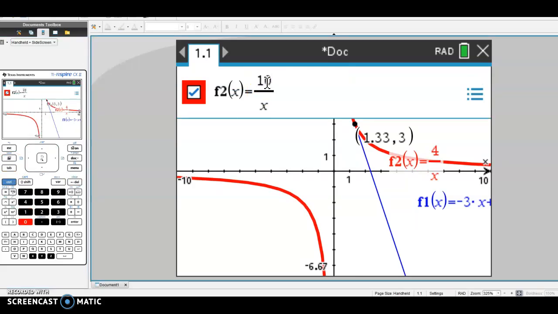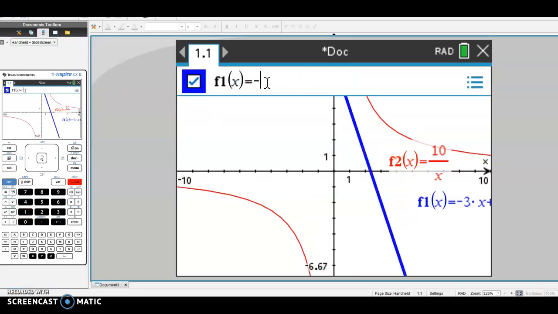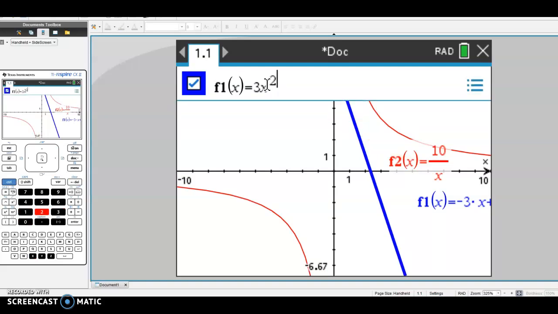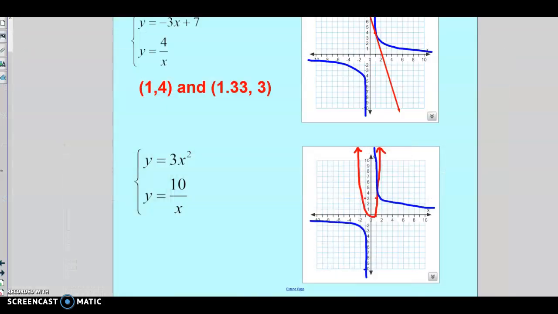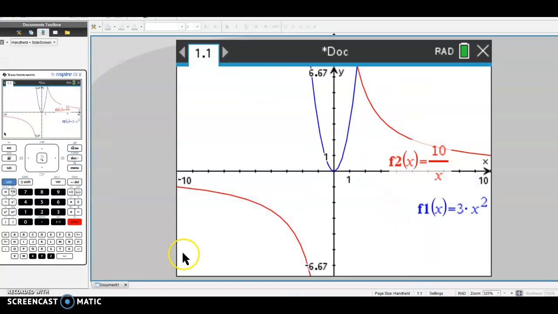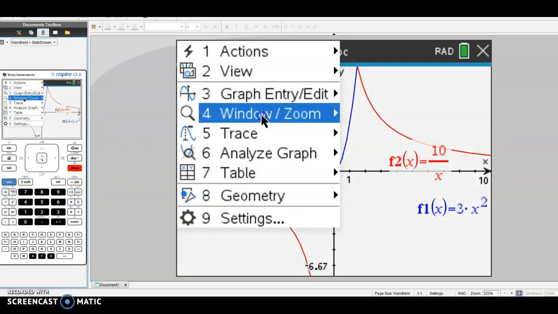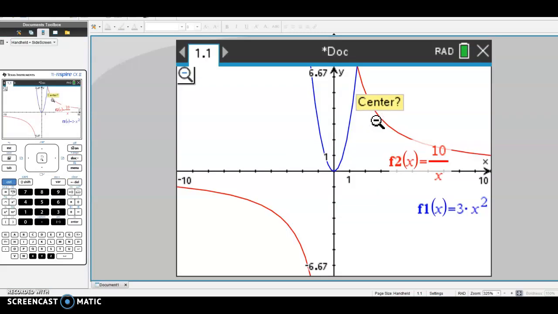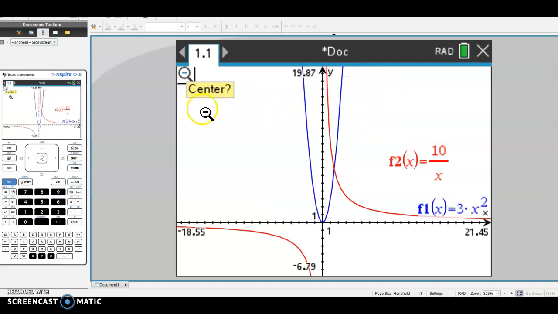So this time I'm looking for 10 over x, and my first one I'm looking for 3x squared. If I remember that right, 3x squared and 10 over x. Yep. Okay, so I did know that it was going to intersect somewhere up here. So now I'm going to zoom out again. So Menu, Zoom Out. And I want it to be way up here, so I'm going to center it up here, and I'm going to click, and that's a pretty good view, so I'm going to hit Escape so I don't keep zooming.